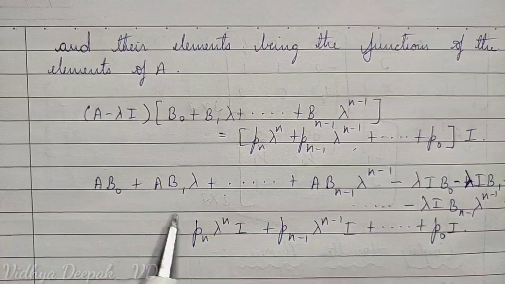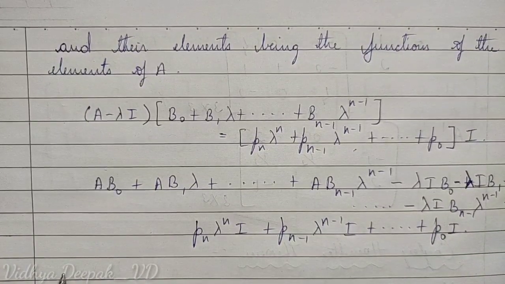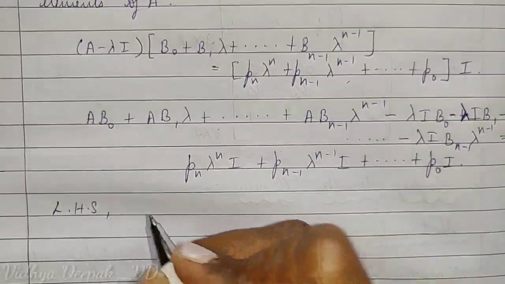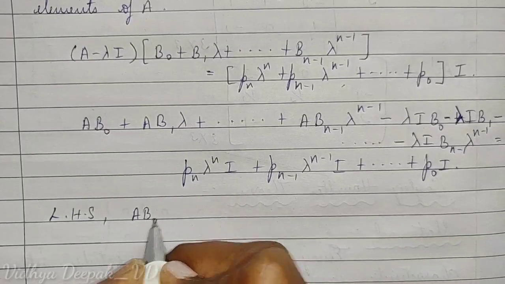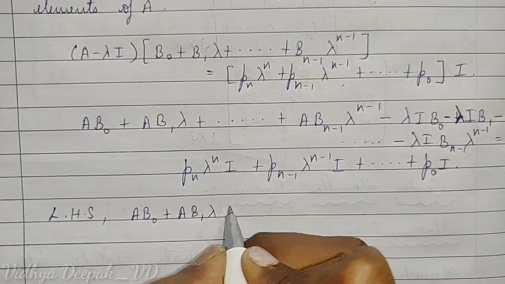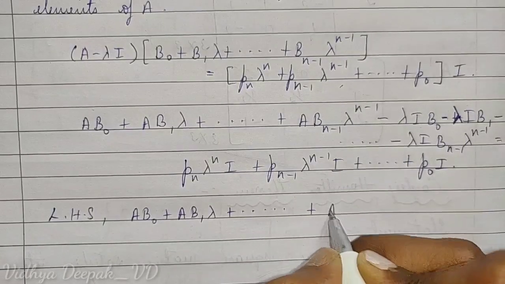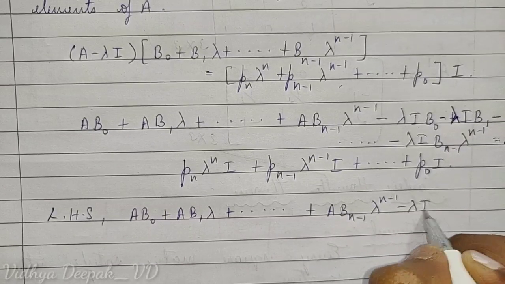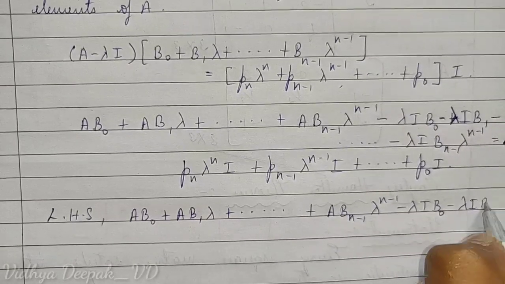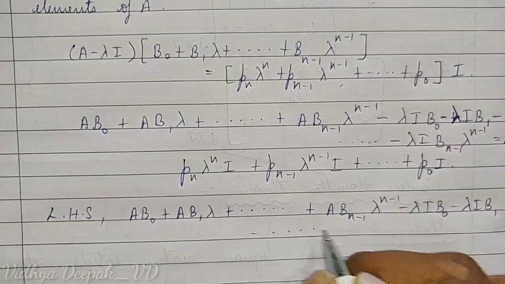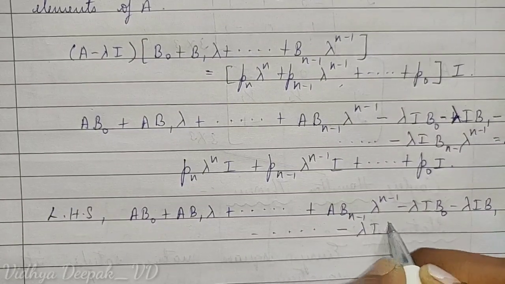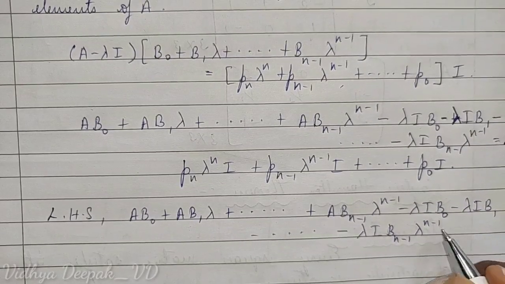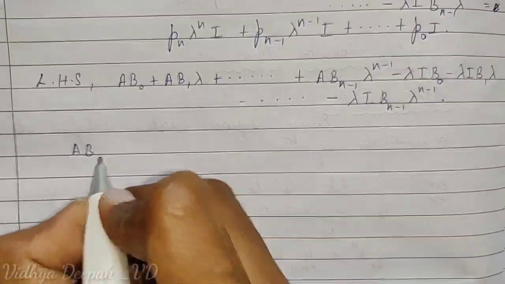So now we will solve this LHS and RHS separately. What is our LHS? We have our LHS to be AB naught plus AB1 lambda plus etc. plus ABn minus 1 lambda power n minus 1 minus lambda I B naught minus lambda I B1 minus etc. minus lambda I Bn minus 1 lambda power n minus 1. Now let's solve this.